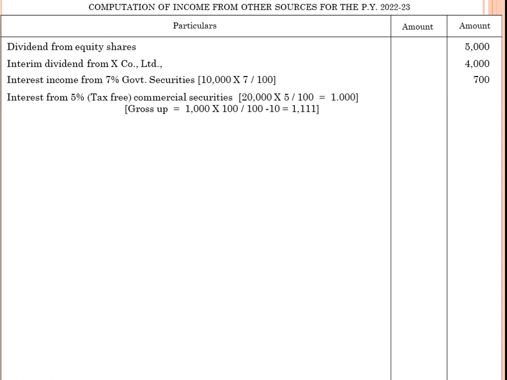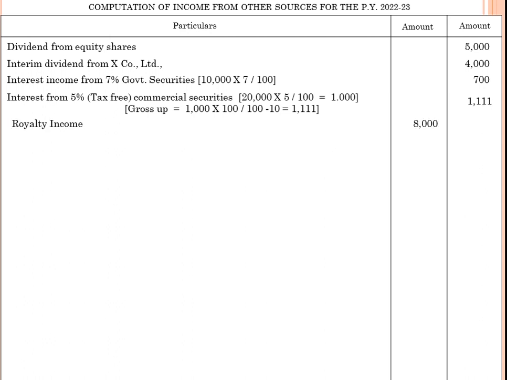As per the provision, whenever tax-free commercial security is given, you find the grossed-up value. What is the formula? Amount received into 100 divided by 100 minus 10, since 10% is the TDS. You apply the formula and find the value 1,111.